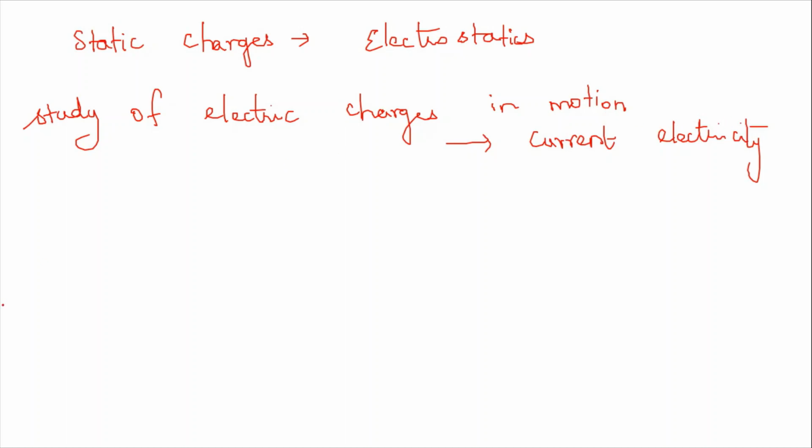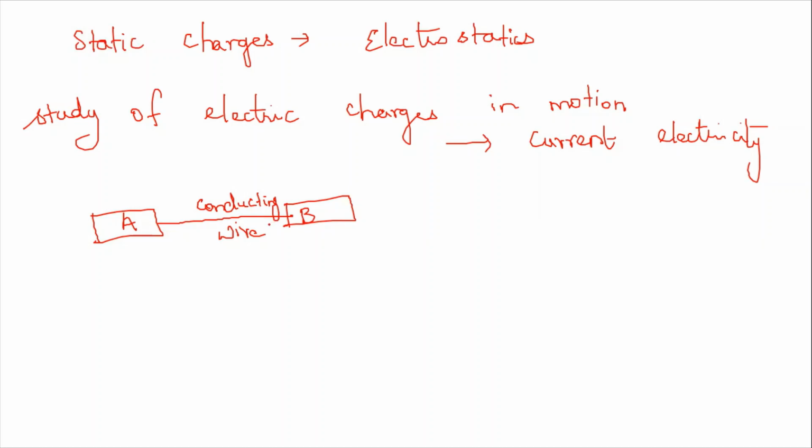So now let us see, take two bodies, body A and body B. Both of these have different potentials. Now we have a conducting wire. We are connecting these two bodies A and B with the help of this conducting wire.